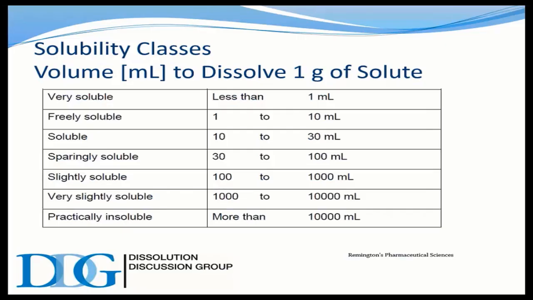But to give you an idea of a sparingly soluble drug, anywhere between 30 and 100 mls to put that drug product into solution is still on the solubility side. But we start to get slightly soluble, very slightly soluble, and practically insoluble. This is a lot of the areas that we're dealing with today, as far as being very poorly soluble.